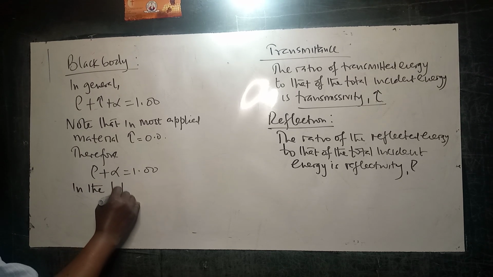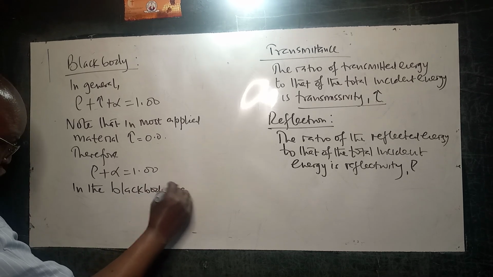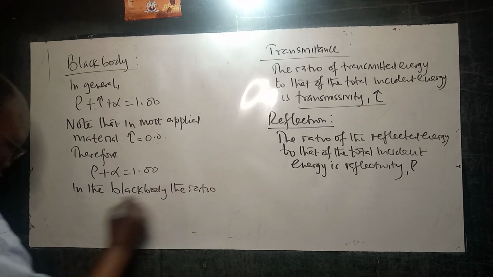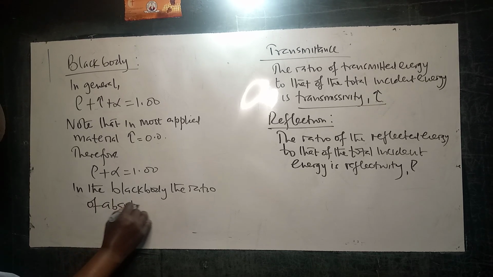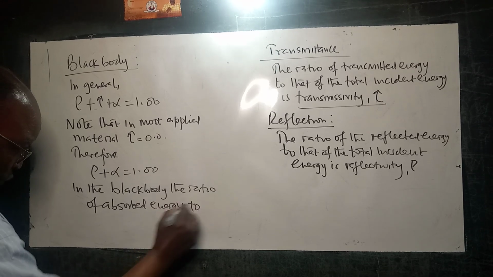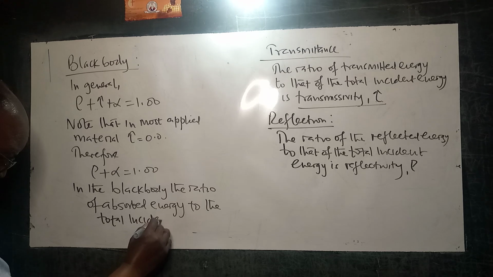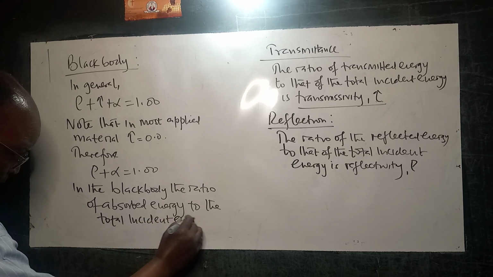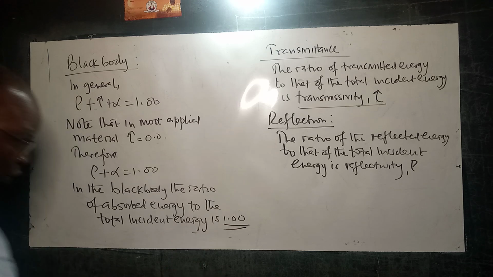In the black body, the ratio of absorbed energy to the total incident energy is 1 unit.